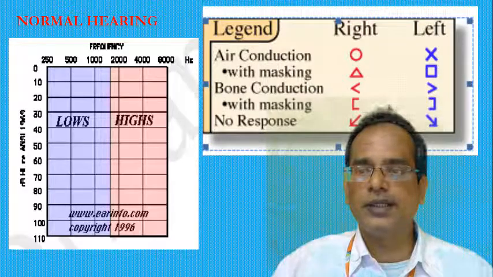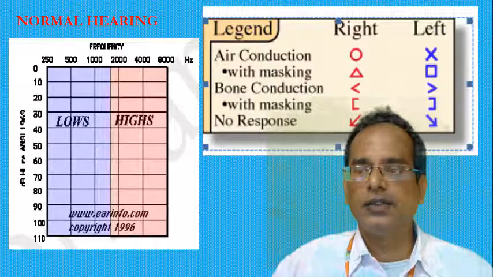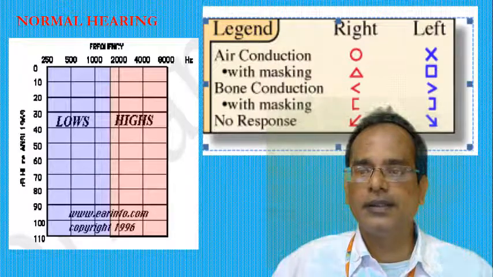The tan area, we have already seen, is conduction loss and sensorineural loss. The white area represents sound that the person cannot hear, and the tan area indicates all the sound that the person would be able to hear, so louder than the threshold.